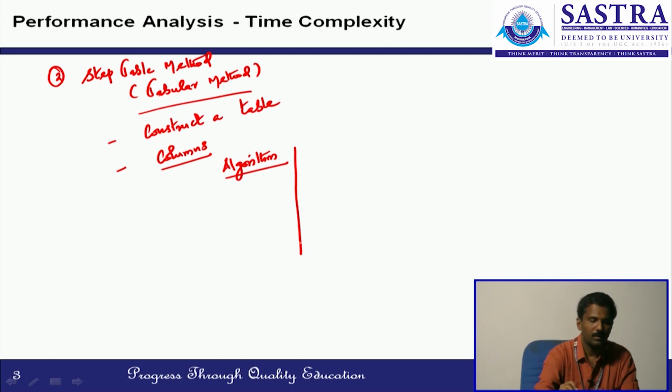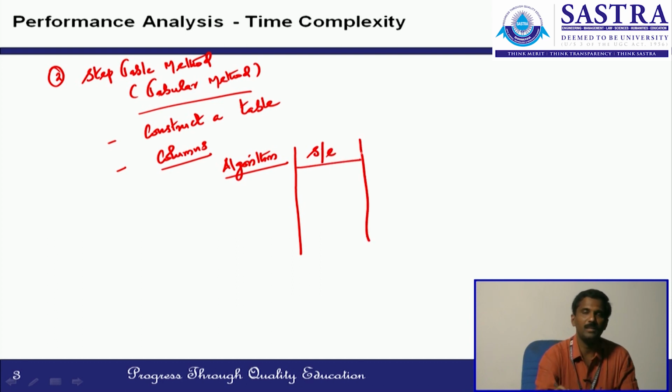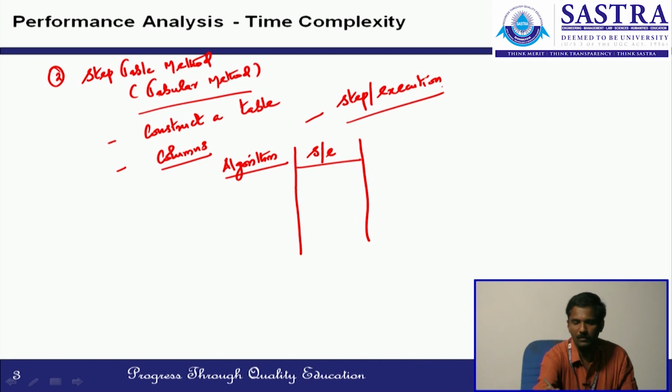Then we need to construct a column steps per execution, S by E, which means step per execution.